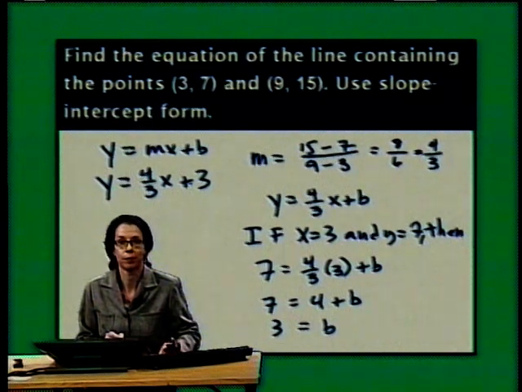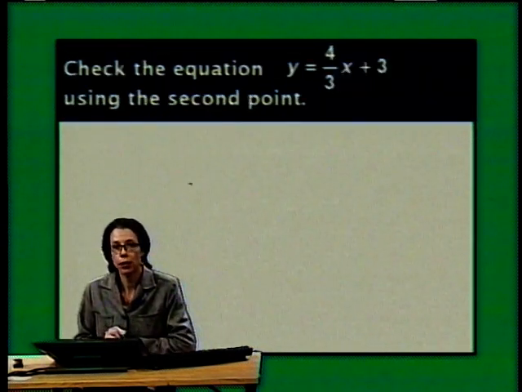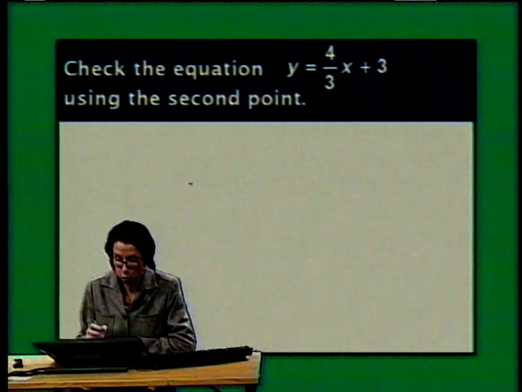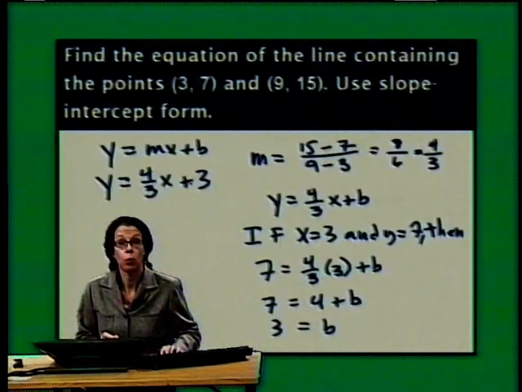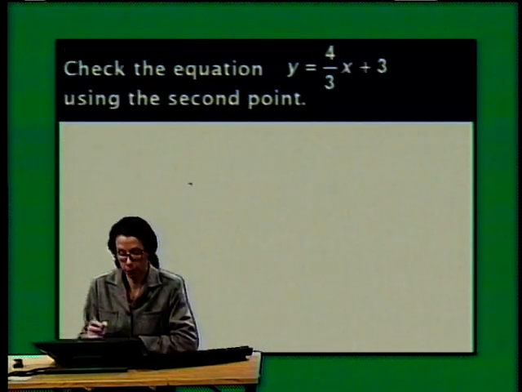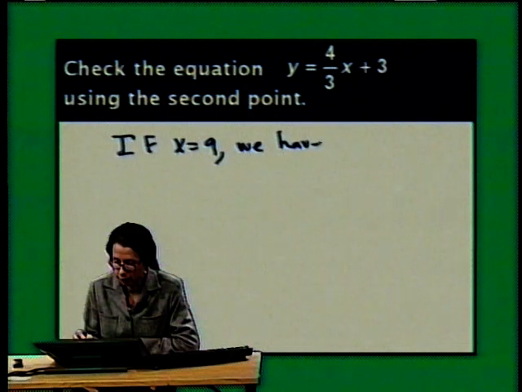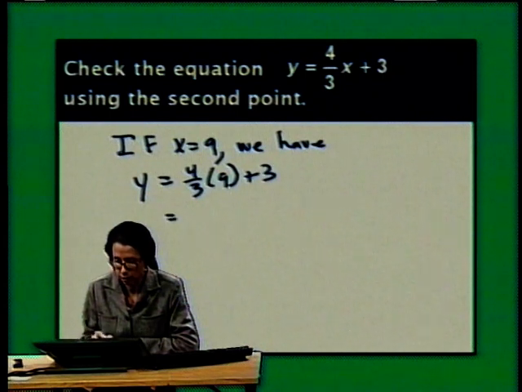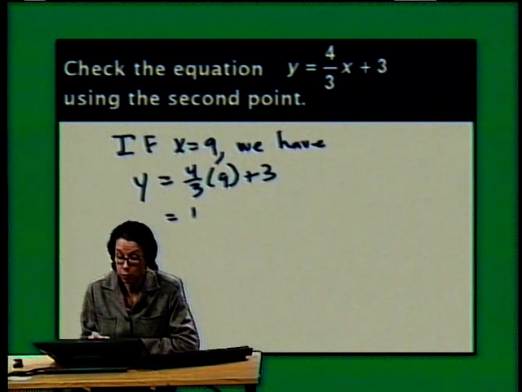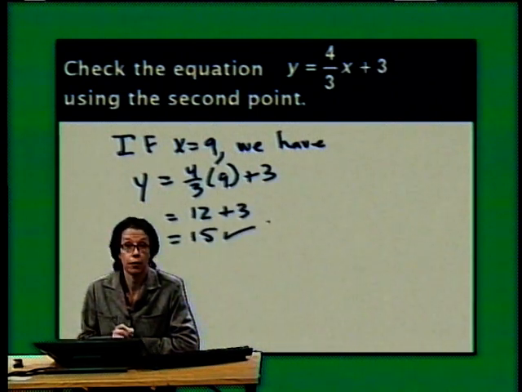Let's check that. So I want to check the equation using the second point. And my second point was 9, 15. So if x equals 9, we have y equals 4/3 times 9 plus 3. 3 goes into 9 3 times, so I have 4 times 3, which is 12, plus 3, and this is indeed 15.